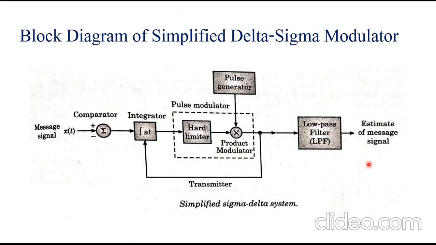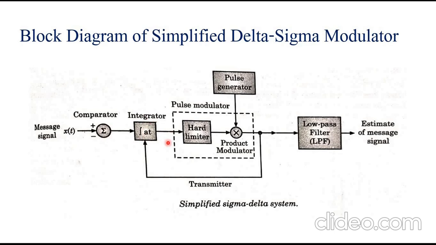And this is the simplified sigma delta system. Since integration is a linear operation, we can combine integrator 1 and integrator 2 into one integrator, which is placed after the comparator, and this simplifies the transmitter design to some extent.